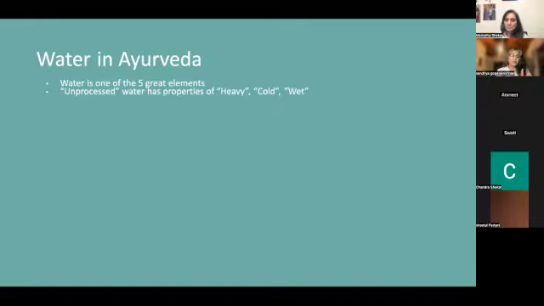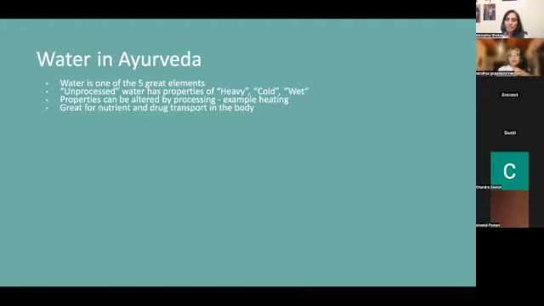I call this unprocessed water. We'll get to what that means in a bit. But basically, if you just take water as it's found in nature, it's got properties of being heavy, cold, and wet. Its properties can be altered by processing, for example, heating. It was known for being great as a nutrient and carrying nutrients in the body and also for drug transport.